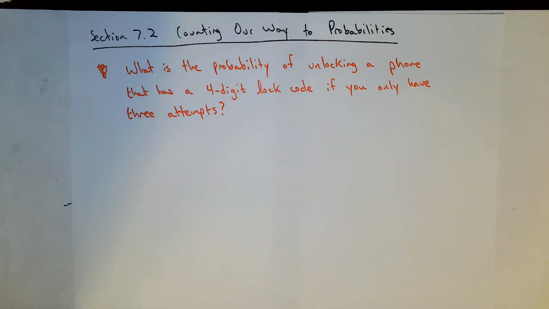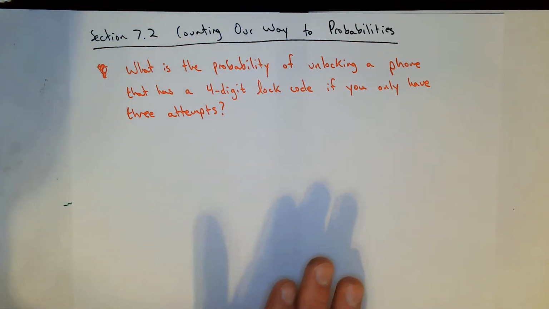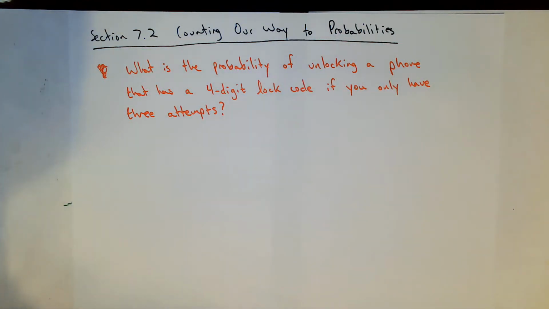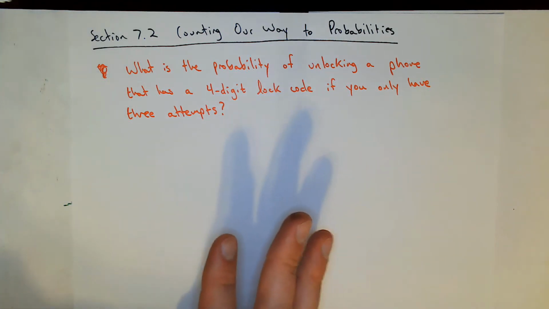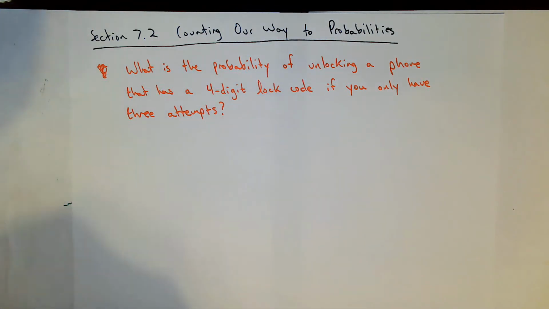The event is unlocking the phone, that would be the event succeeding. And there are 3 possible ways to make that happen because you have 3 attempts.